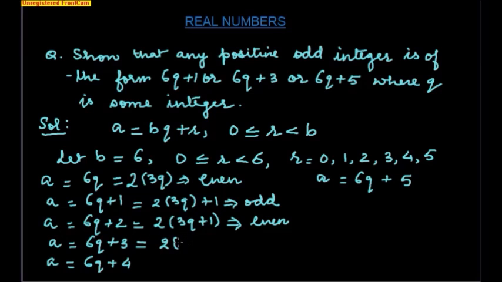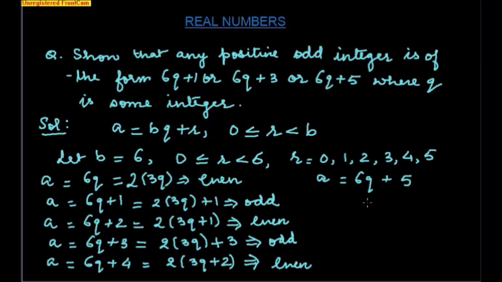Here I cannot write it as 2 into something, but I have 2 into 3Q plus the remainder 3, because again we have the remainder, so it is odd. This can be written as 2 into 3Q plus 2. Again there is no remainder and it is written as 2 into something, so we get this to be even.